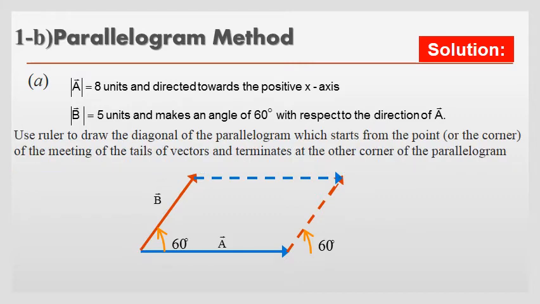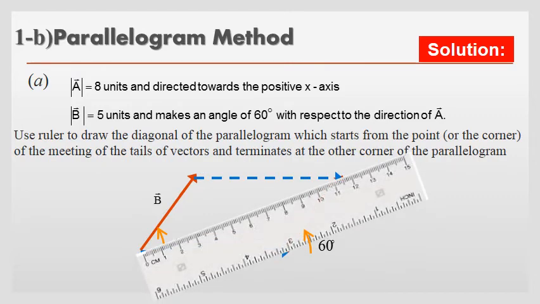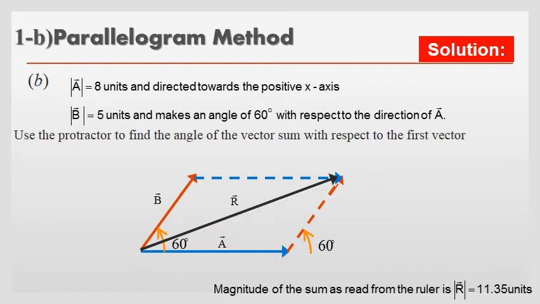By using a ruler, the vector is like this. And in such case, the length of this vector will represent the magnitude, which is 11.35 units.